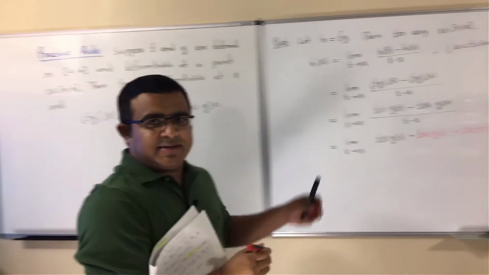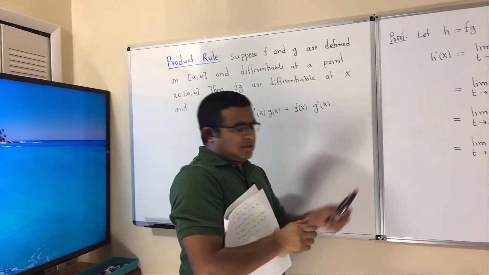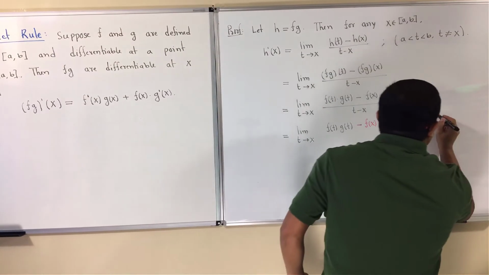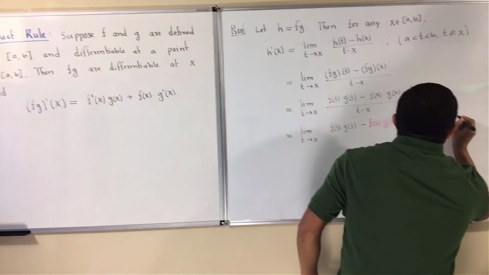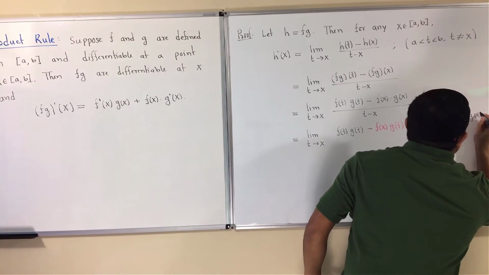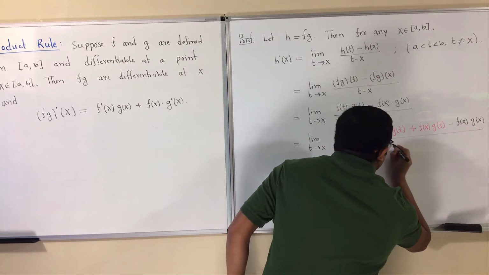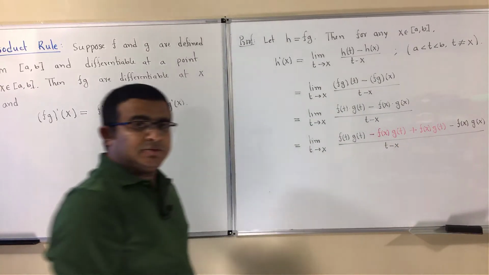So if they cancel, then we can go back to the previous step, plus minus f of x g of x over t minus x. Okay.